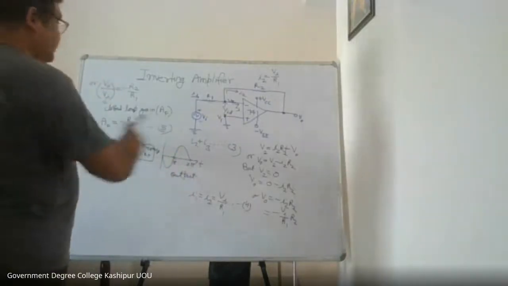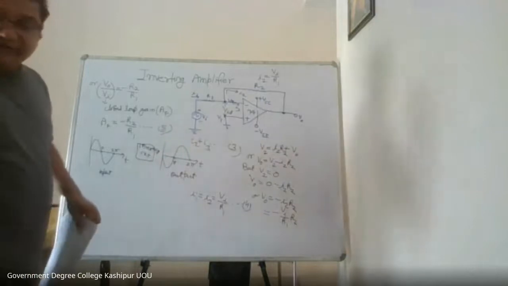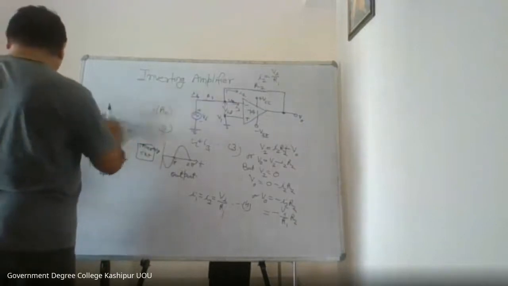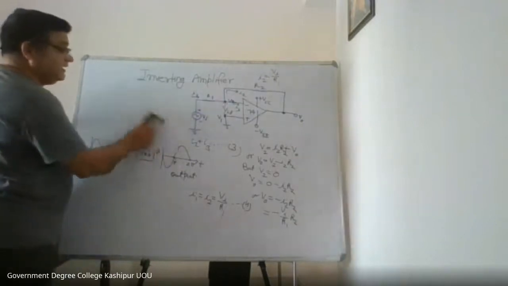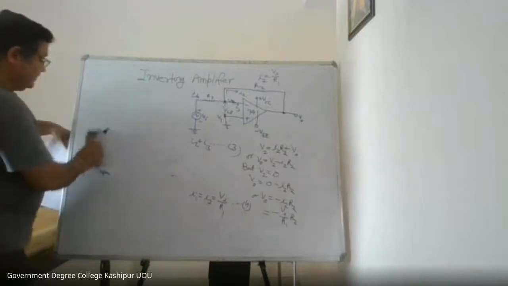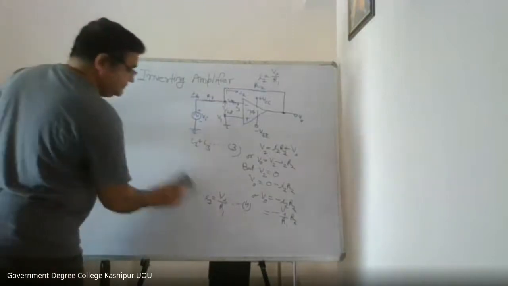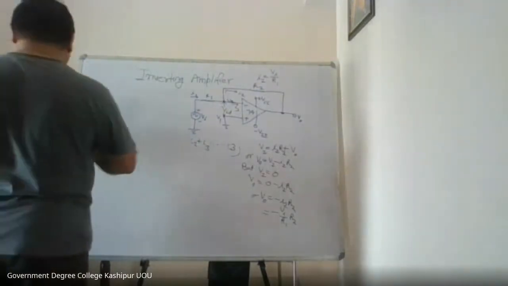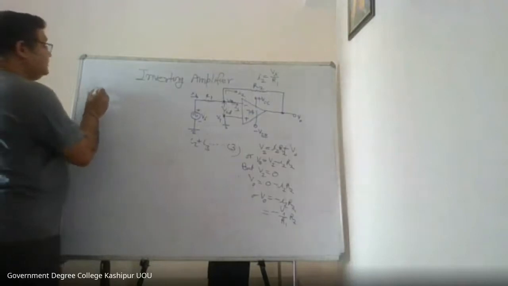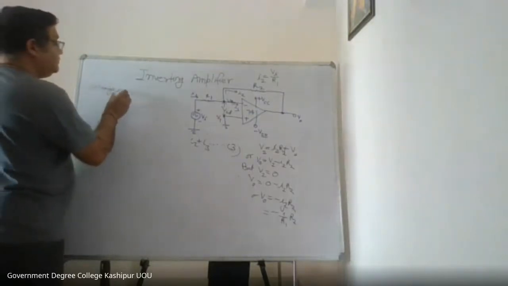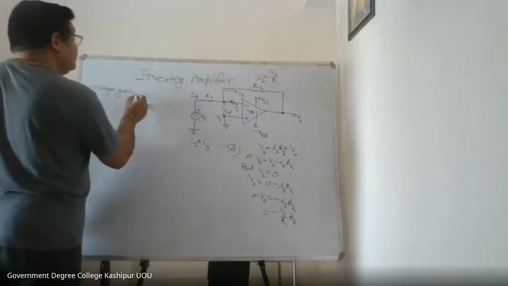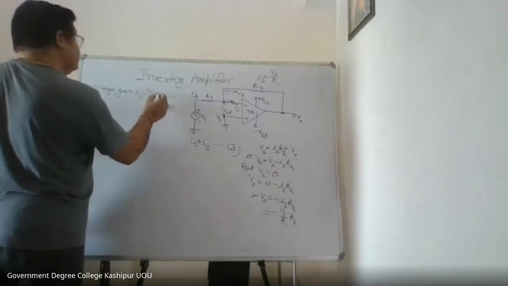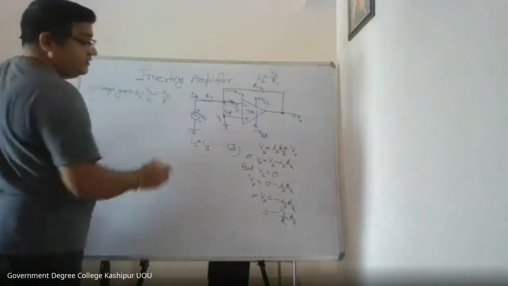Now let us discuss negative scalar. What is negative scalar? An operational amplifier can work as a negative scalar. Negative scalar means as a scalar signal. Now let us discuss the mathematical part. Voltage gain of amplifier AV equal to V output upon V input, and this is equal to minus R2 upon R1 from here.